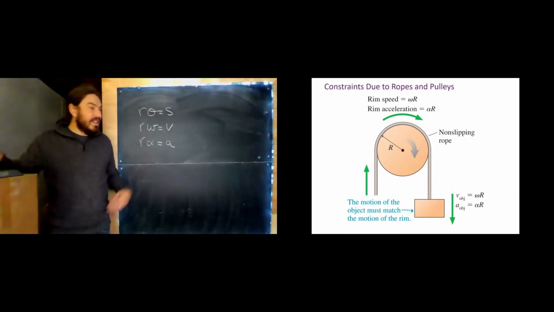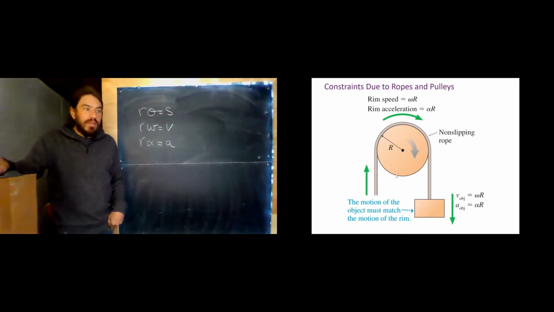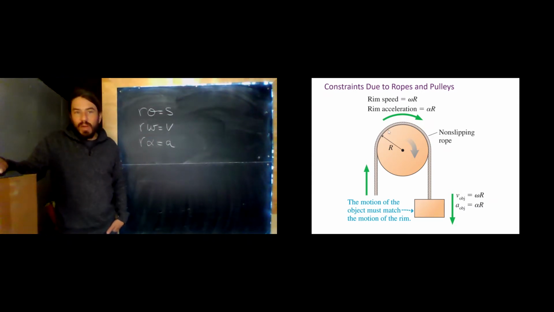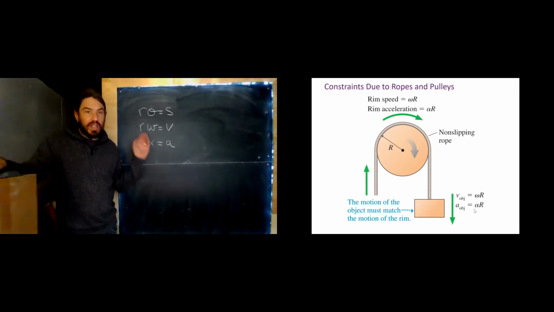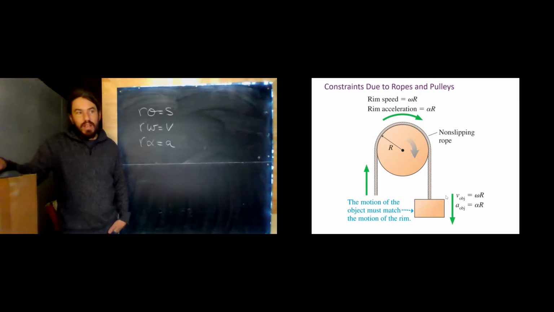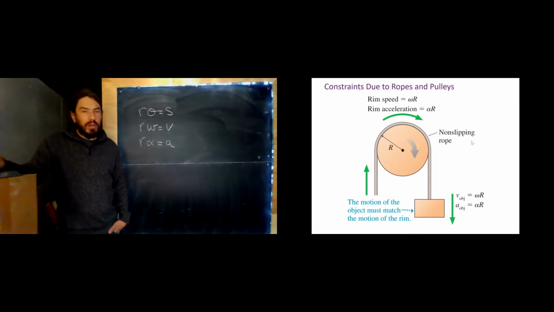Knowing that the velocity, acceleration, and even distance traveled for a point on the rim is exactly the same as for some object hooked to a rope wrapped around the rim, then using these equations we can come up with these relations. This allows us to solve a more complex set of problems that look like this.